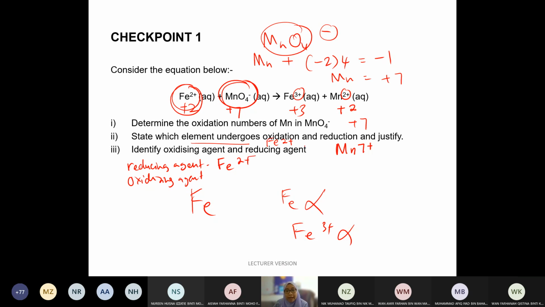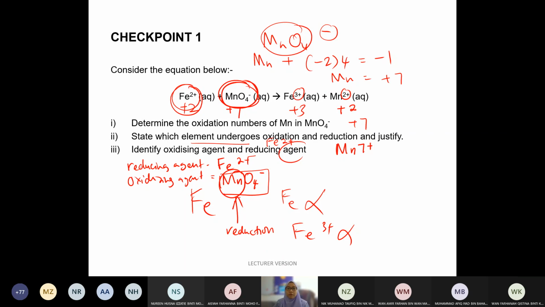Tapi we are talking about agent. So bila agent, we have to take it as a whole. So oxidizing agent, you kena beritahu it should be MnO4 minus. Agent, the whole thing. But the one that undergoes reduction is only manganese.